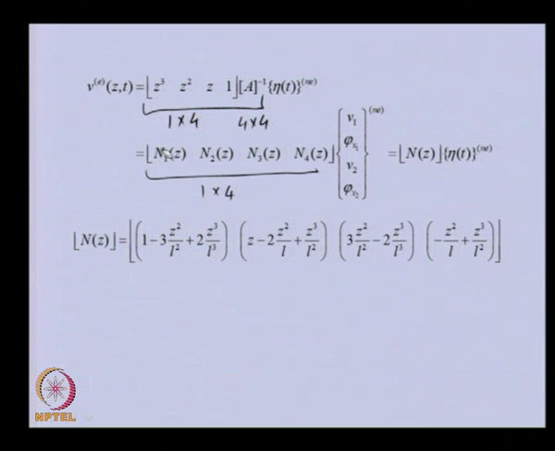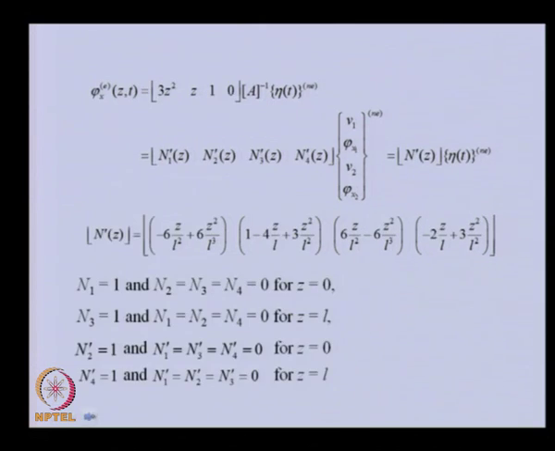So, only one row and 4 columns are there, and the corresponding terms we have defined as the shape functions n1, n2, n3, n4, and if we multiply these, we will get this form. So, if we multiply z terms by A inverse, we will get this. Here we have n1 shape function, this is n2, this is n3, this is n4, which are functions of z.